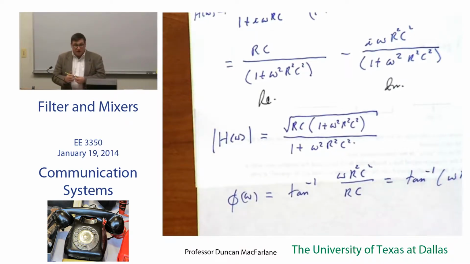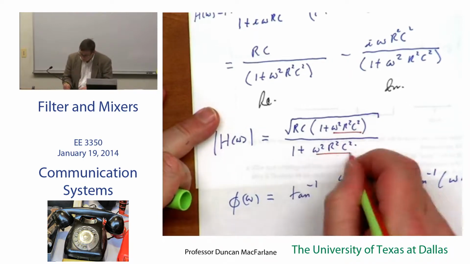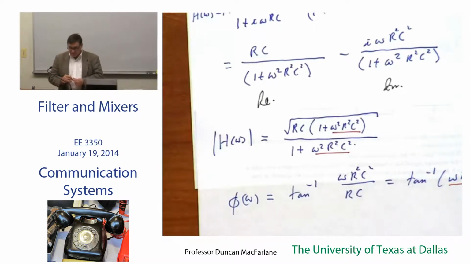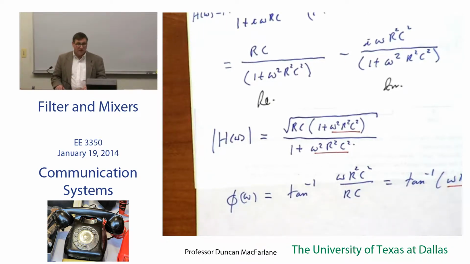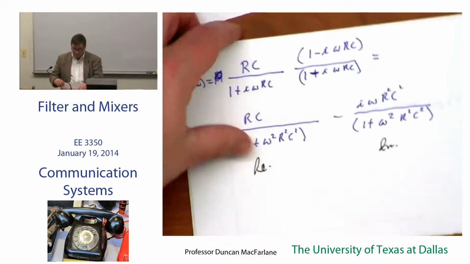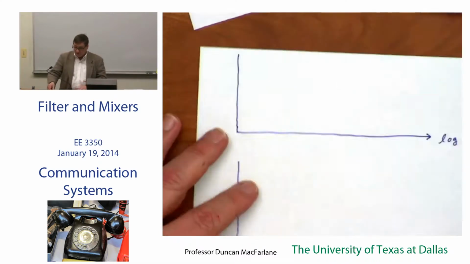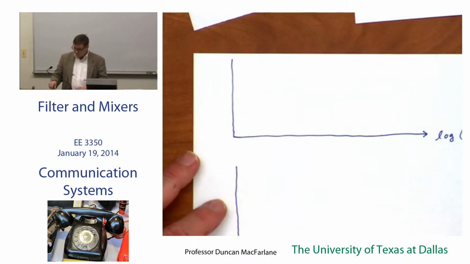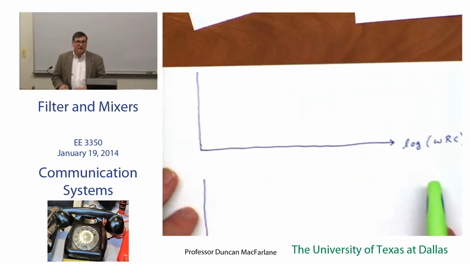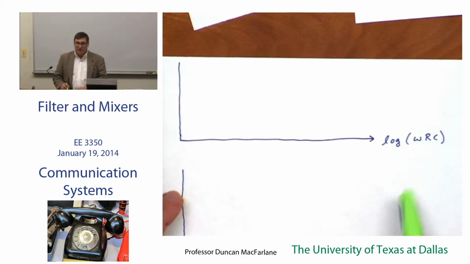And the important thing to notice then is that all the omegas come in units of omega RC. Okay? So if I'm picking my axis, I can normalize my axis to the log of omega RC.